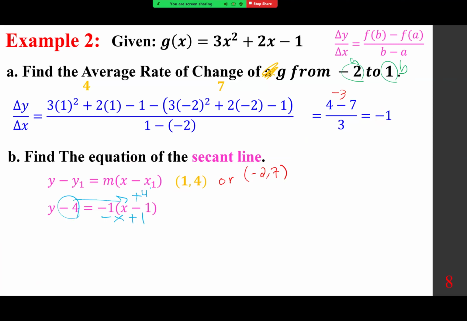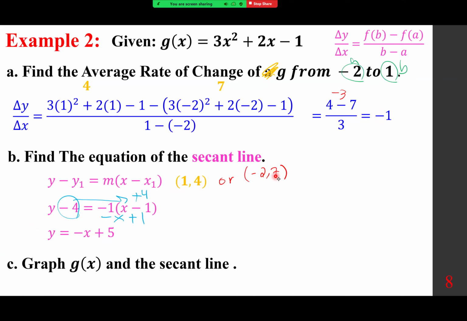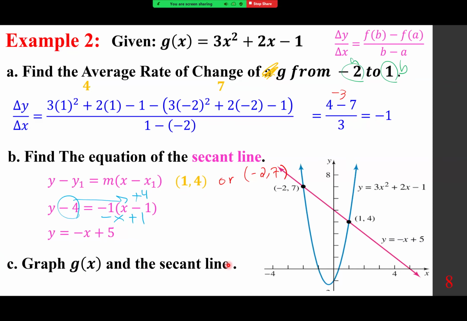You move the 4, and you get y equals minus x plus 5. Notice if you plug in negative 2, you do get 7. So it actually checks. Graph the function g of x and the secant line, and it looks like that.